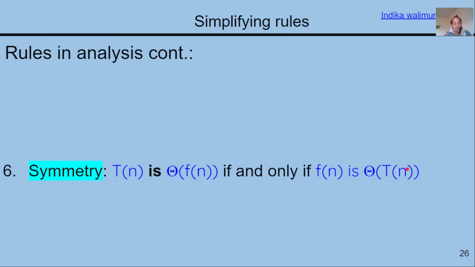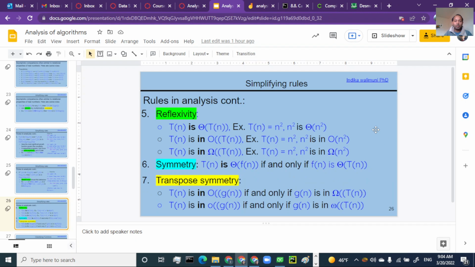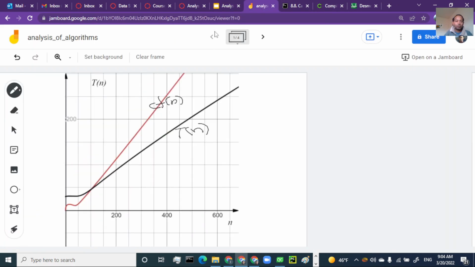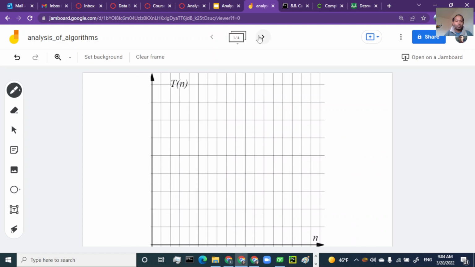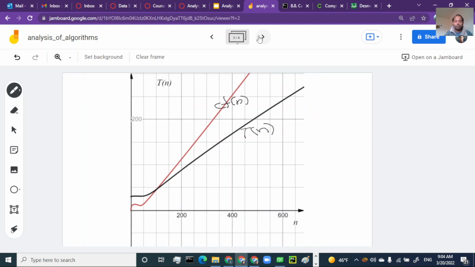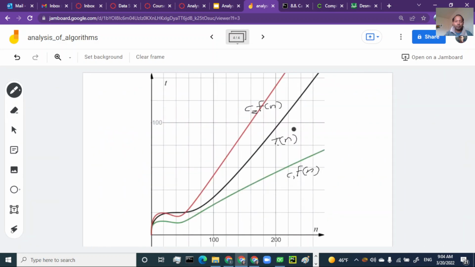Okay, so we can actually take a look at this. Let me go to the Jamboard. I already set this up. All right. So this is what we have, right? We say T(n) is in big theta of F(n).